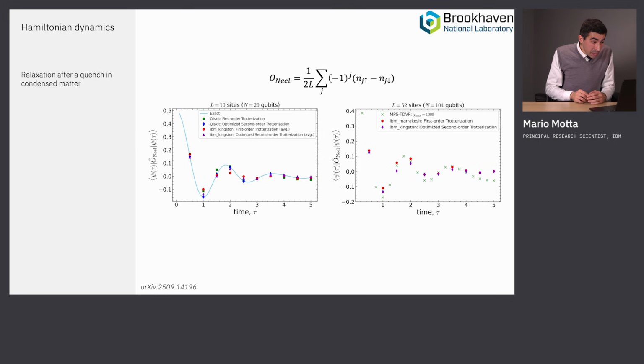And then what is interesting is to observe how observables, measurable quantities like this Néel operator that captures antiferromagnetic correlations, evolve in time after the quench. There's typically a relaxation, and then there's a transient, which here was simulated on quantum devices with a product formula, a Trotter approximation.